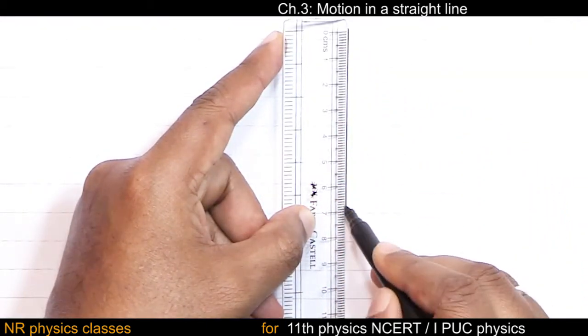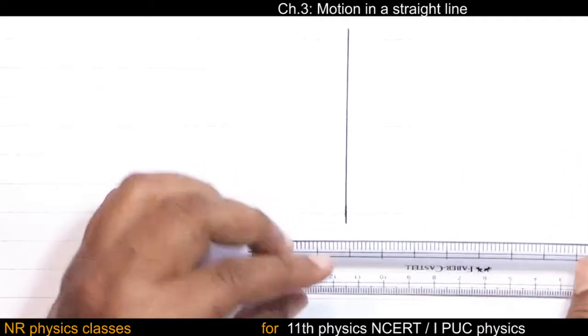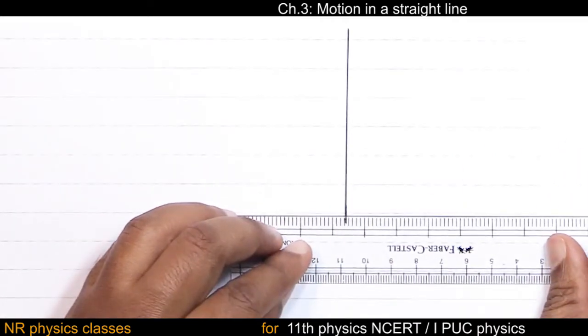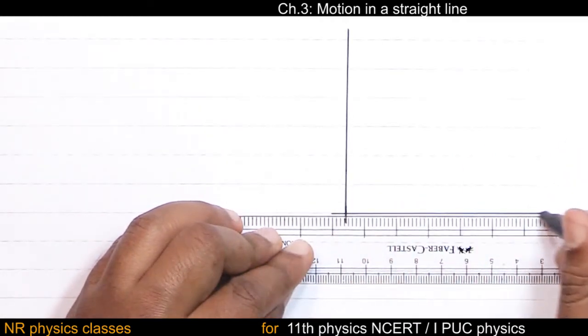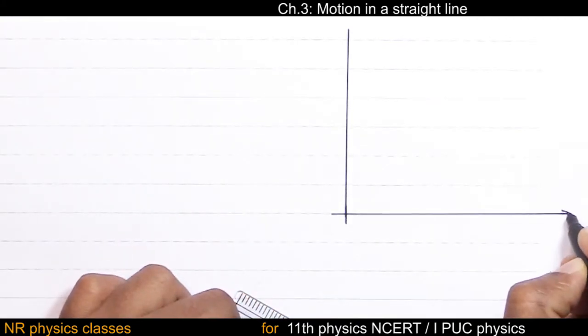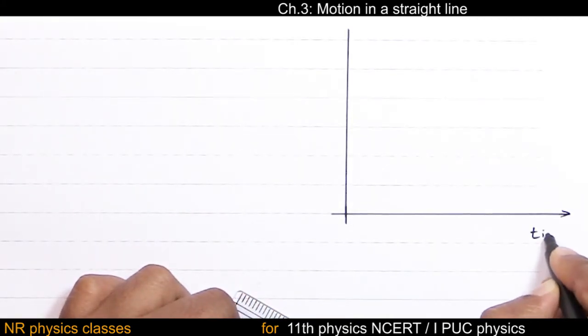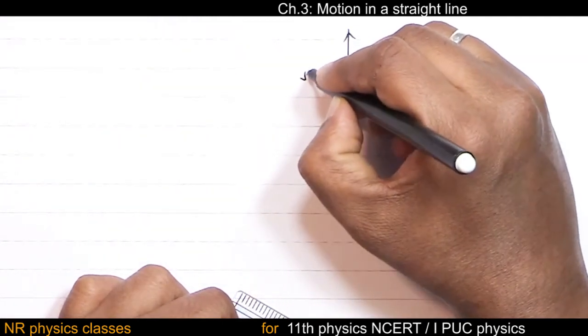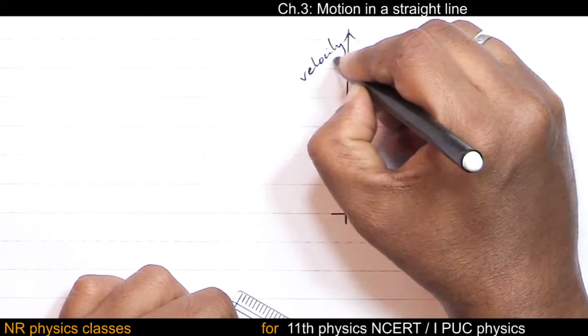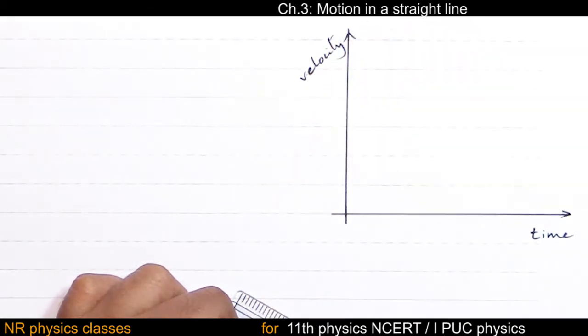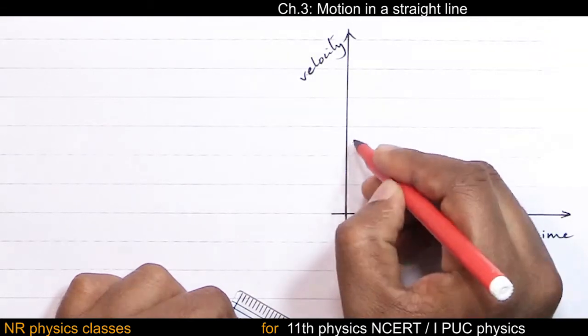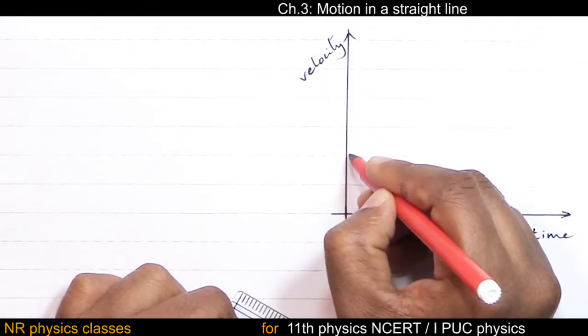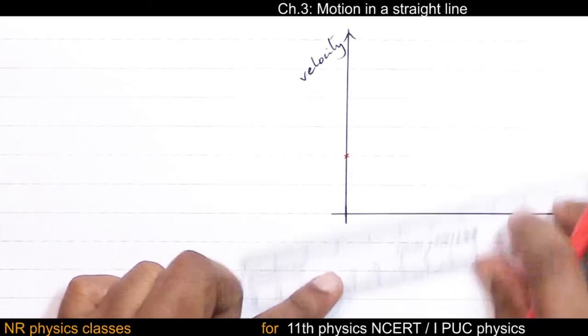Y-axis, velocity axis, time axis, this is time, velocity, with initial velocity means somewhere from this point.